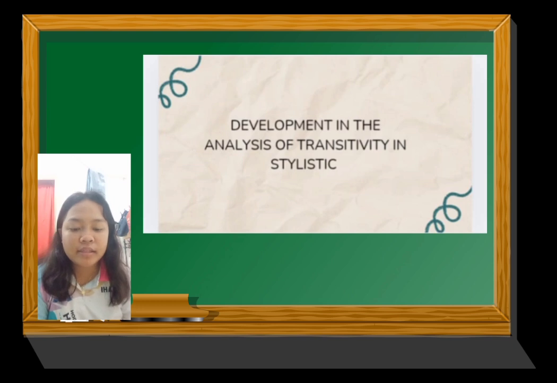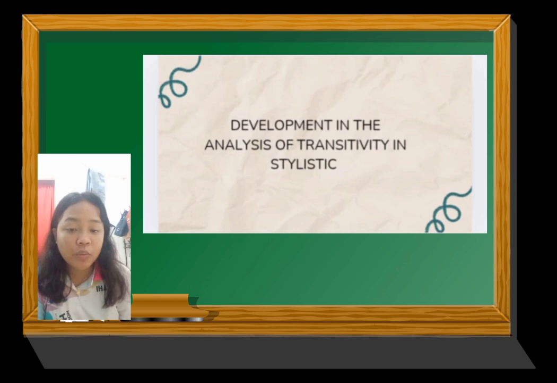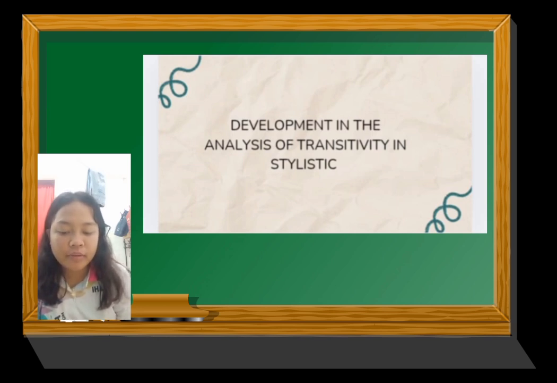Transitivity analysis provides a powerful tool for understanding how language choices contribute to the stylistic development and meaning of a text, offering insight into the writer's intention and the text's broader context.